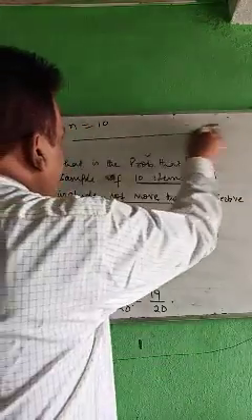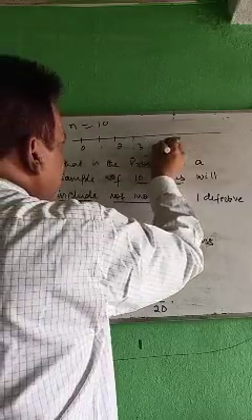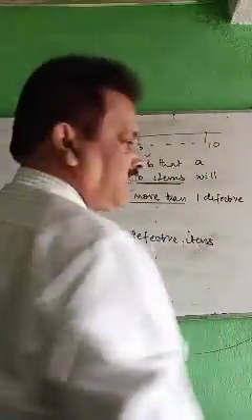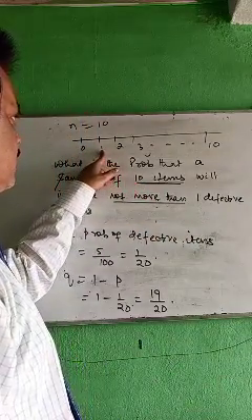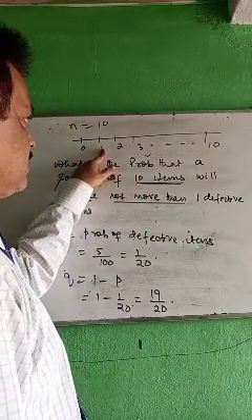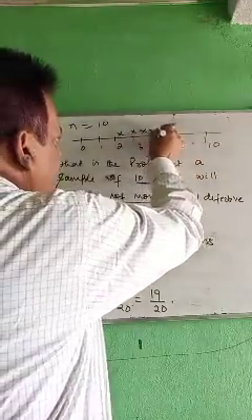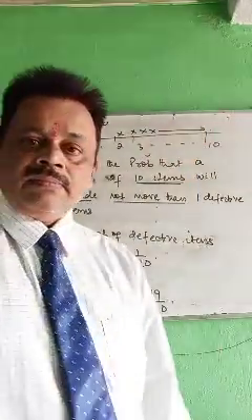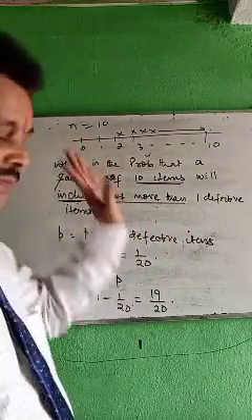If you see the number line 0, 1, 2, 3, because you have 10 experiments, not more than 1 means maximum 1, so the rest of this part is not required for us. Not more than 1 means it will be 0 and 1.